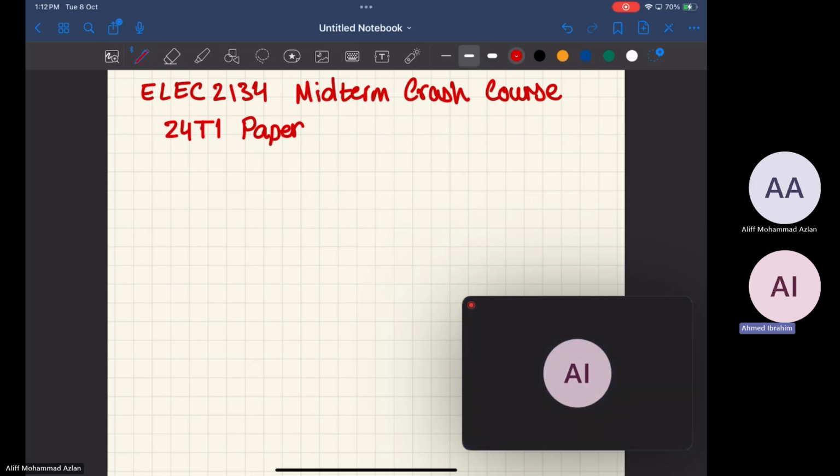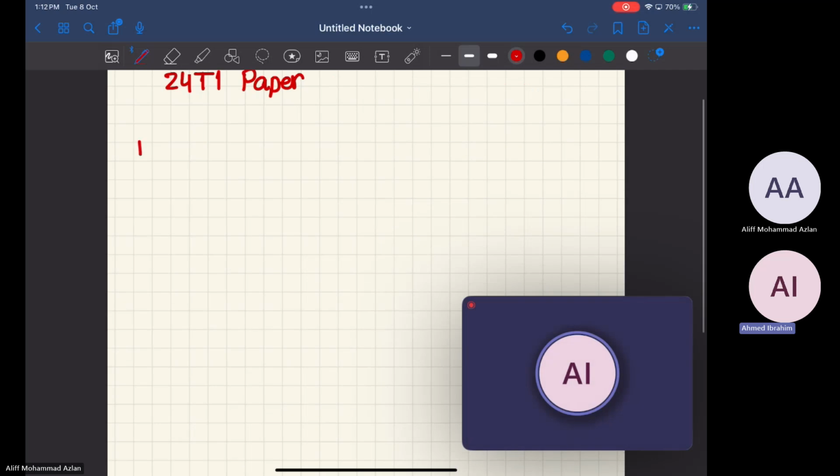Question 1 is about power factor. So we've got the circuit.